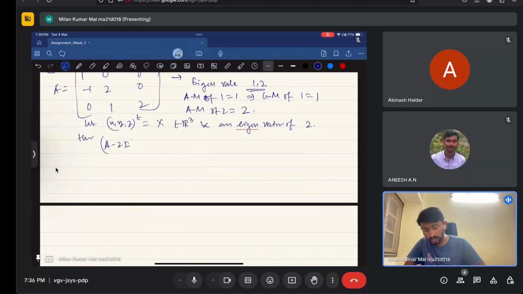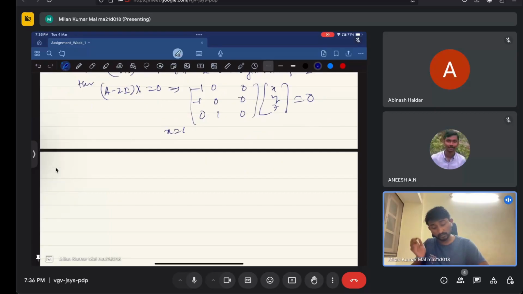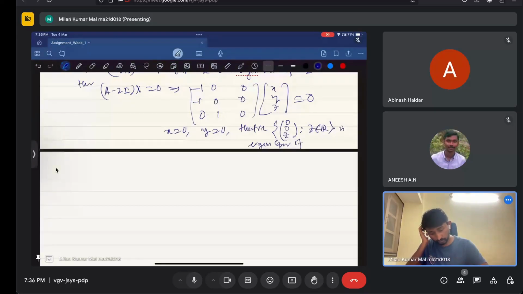(A minus 2I) x is equal to 0, therefore A minus 2I will be minus 1 0 0, minus 1 0 0, 0 1 0, this with (x, y, z) equals 0. So this will give x equal to 0 and y equal to 0. Therefore the elements (0, 0, z) such that z belongs to R is the eigenspace of 2.